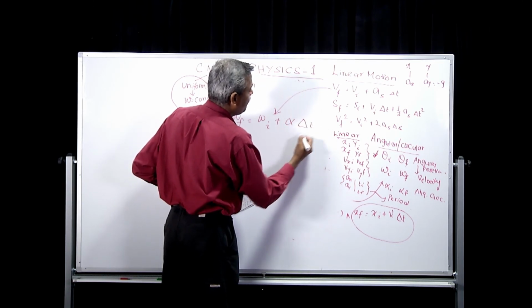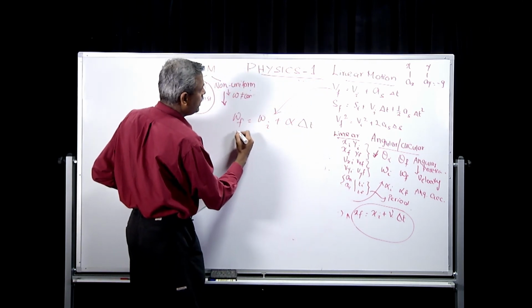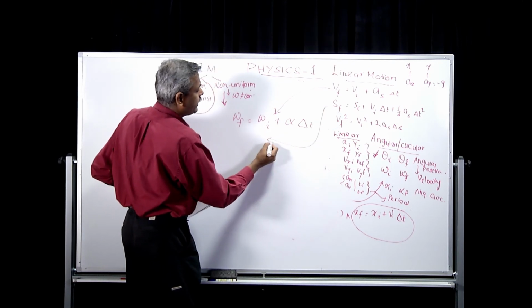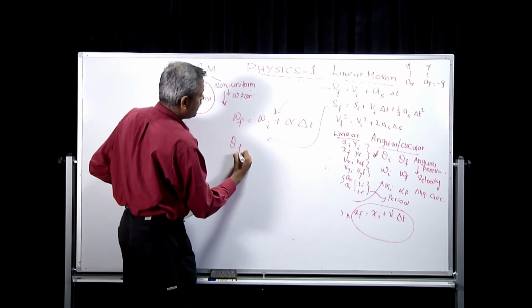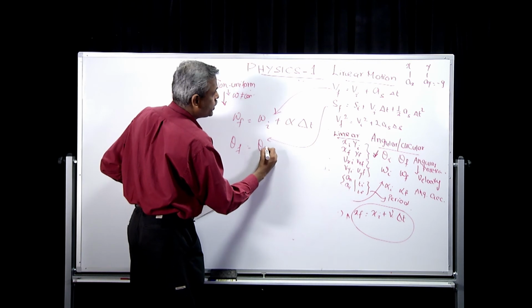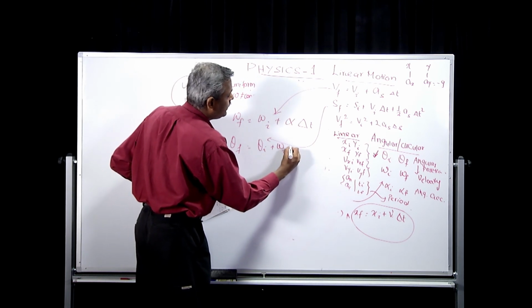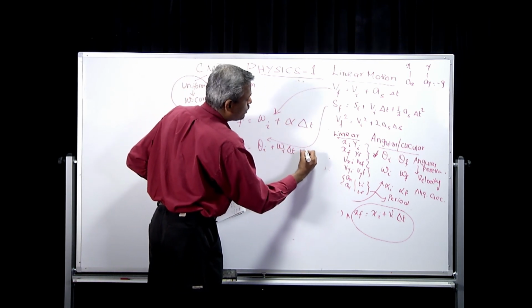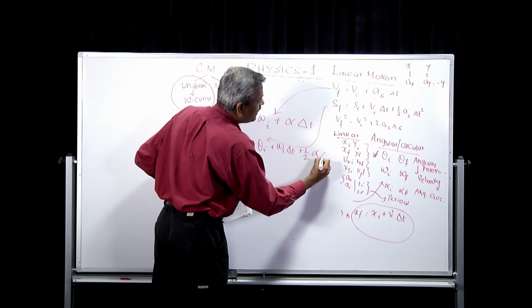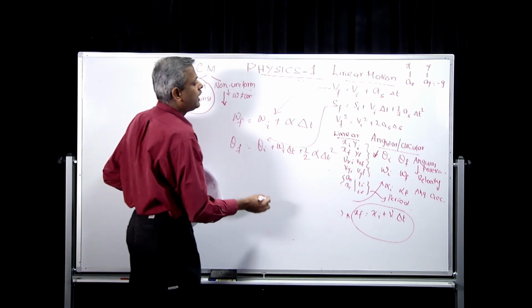And theta final is theta initial plus omega initial delta t plus 1/2 alpha delta t squared.